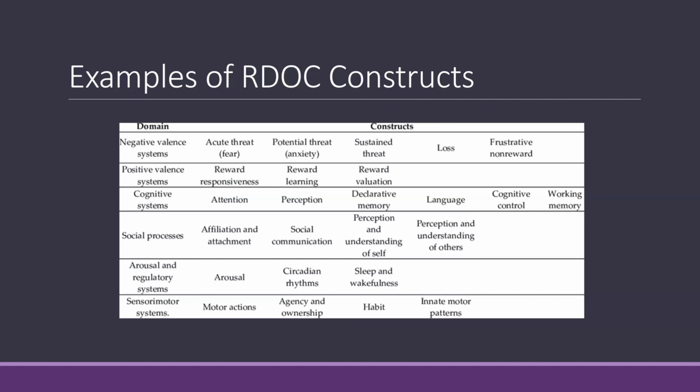And these are the specific constructs that RDoC is attempting to study across these levels of analysis, broad things like the fear response or reward learning or perception or attention, and how these relate to mental illness. So it's really getting at the roots of human behavior and mental illness.